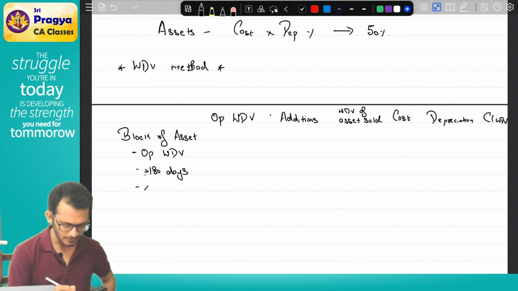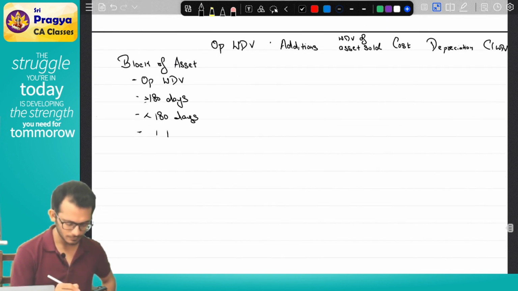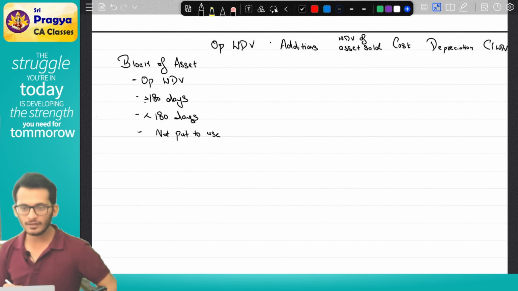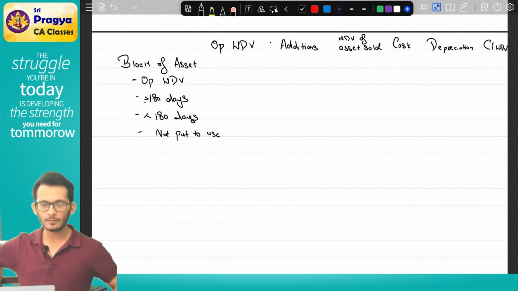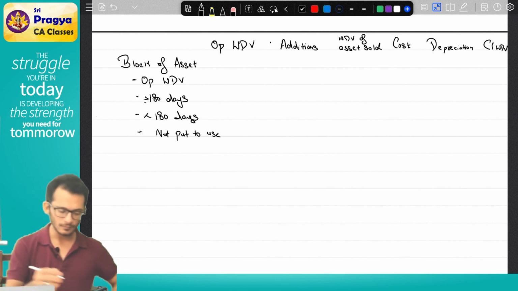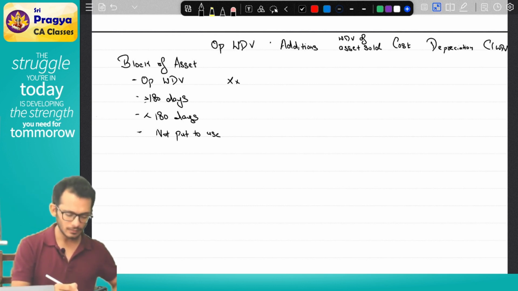Then it is called less than 180 days. And finally, it is not put to use. Yes or no? Start filling columns. First column is called opening WDV. Which of the line items will have opening WDV? It will be the opening WDV column.